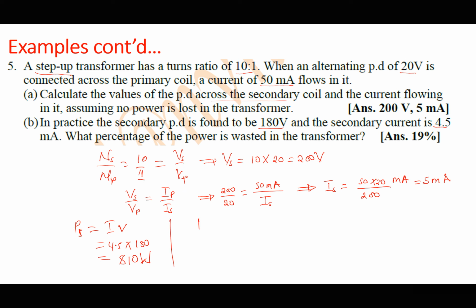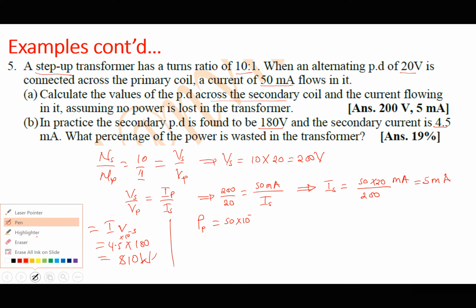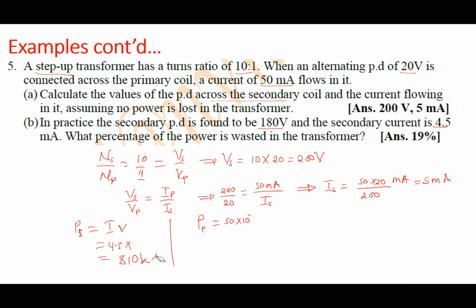Then the power in the primary is going to be the current in the primary, which is 50 times 10 to the power of minus 3. This was milli. So this is 0.81.